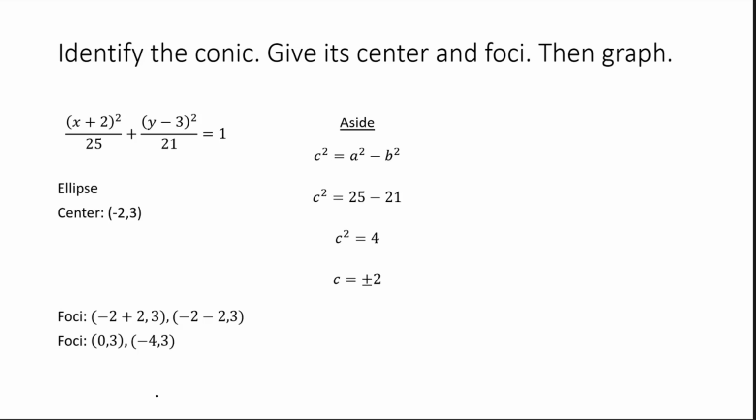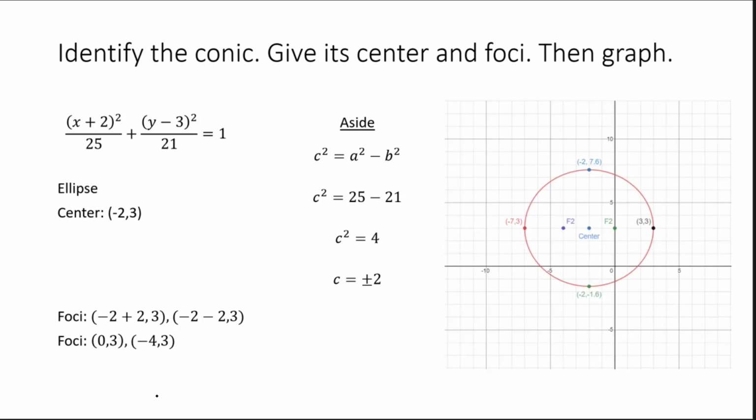Now we were told to also graph. So we have the center, we have the foci. To graph this, we see it here already given to us, but let me explain how you would know what to do. You would have the center point, which you see right here. You can graph the foci, you can put that right there.